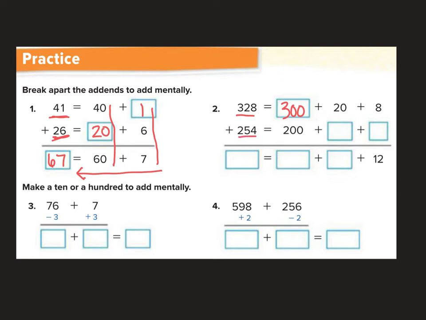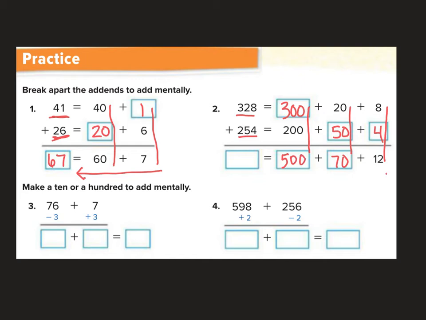All right, here I'm going to break 328 into 300 plus 20 plus 8. Now I'm going to take 254 and break it apart into 200 plus 50 plus 4. Okay, now I'm going to add them up and down. 8 plus 4 is 12. 20 plus 50 is 70. 300 plus 200 is 500.